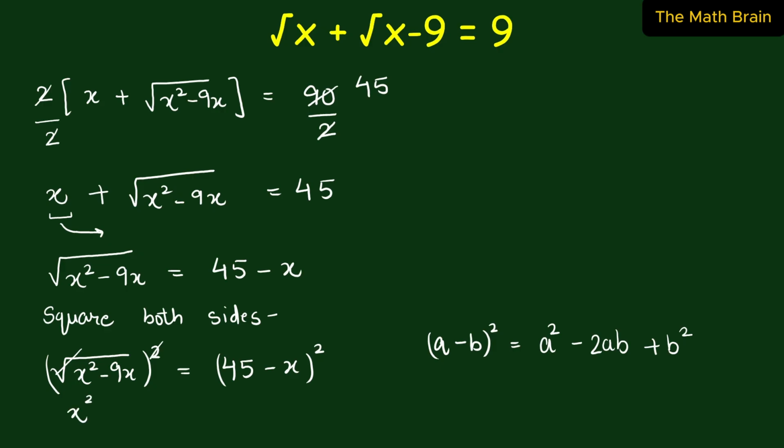We will get x² − 9x is equals to, this is a, this is b, 45² − 2 into 45 into x + x².